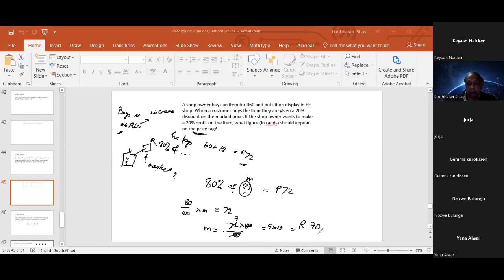It's 90 rands. So the marked price is 90 rands. So the guy buys it for 60, marks it at 90, and gives the discount. The person gets quite happy. He gets an 18 rands discount, and pays 72 rands.